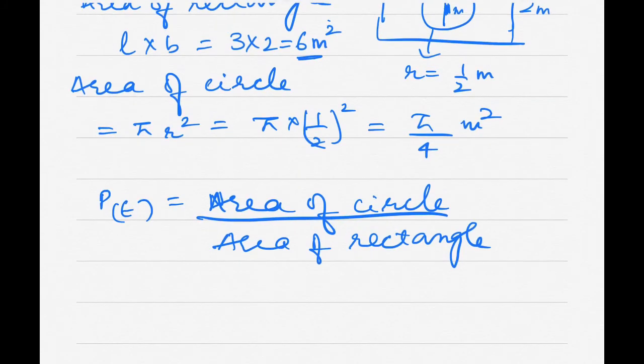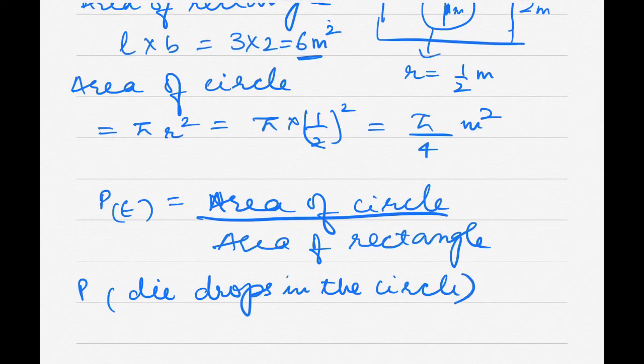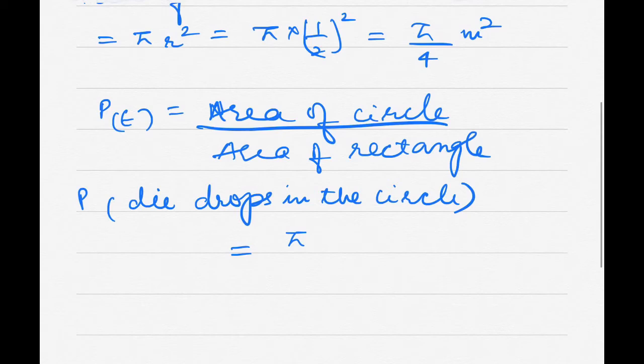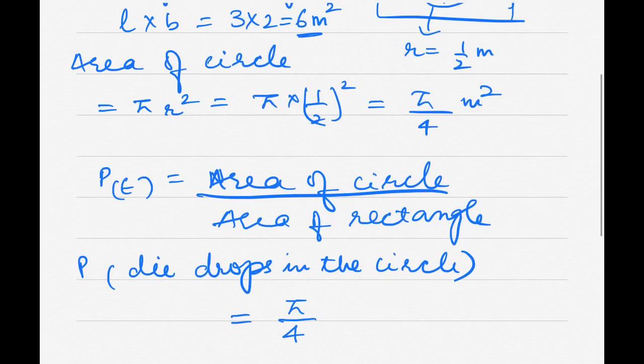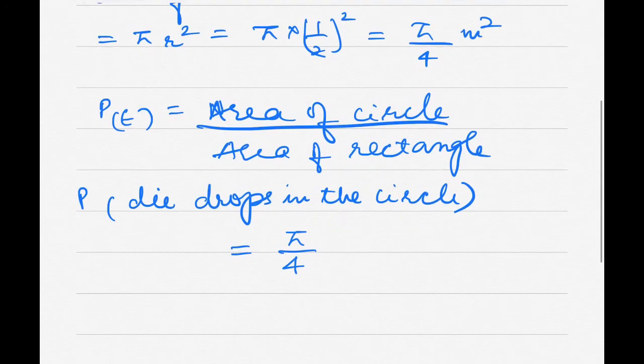So the probability that the die drops in the circle is equal to pi by 4 meter square divided by 6 meter square. So this becomes pi by 24.